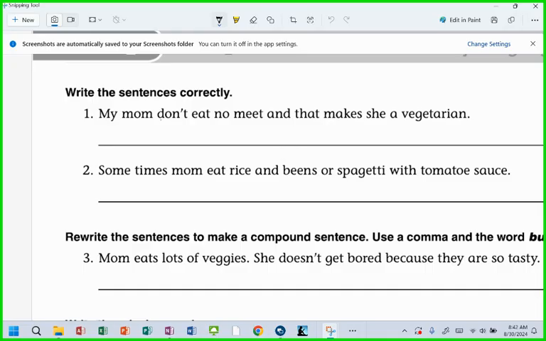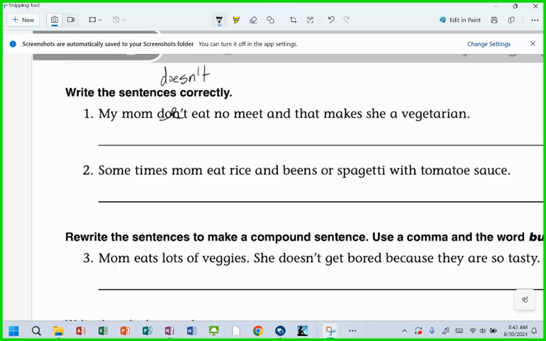Okay, let's do that. So now it's going to read, my mom doesn't eat no meat, and that makes she a vegetarian. We need to get rid of something here.